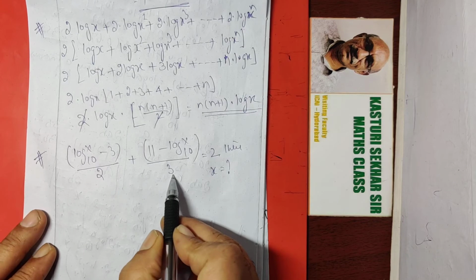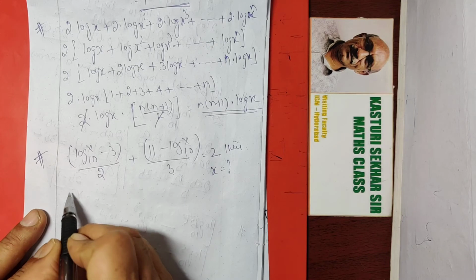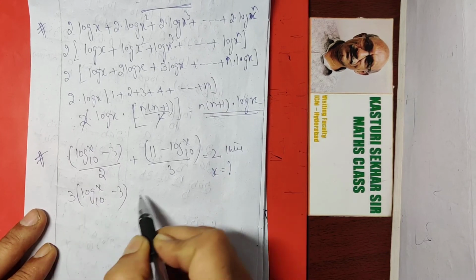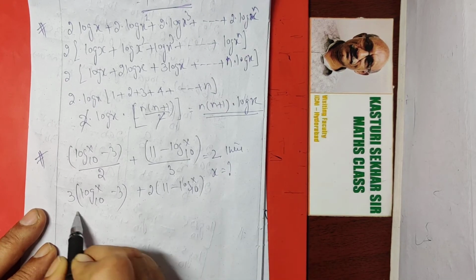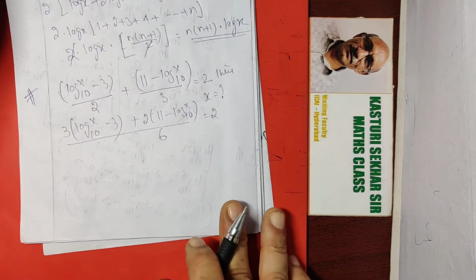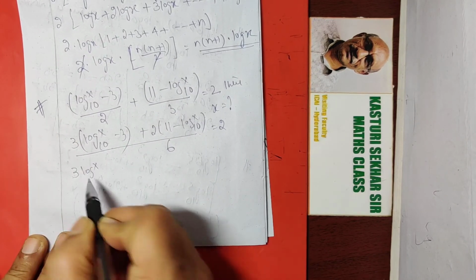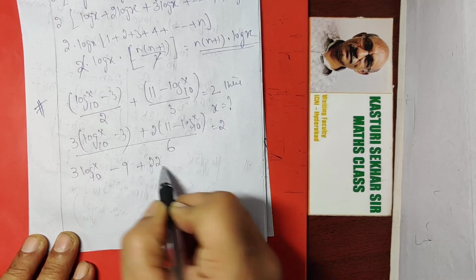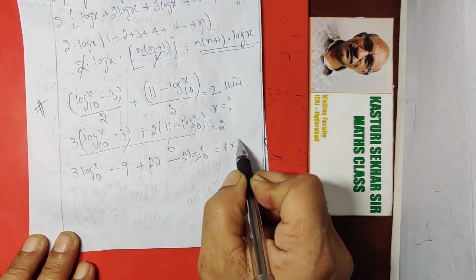Taking LCM. LCM means with 3 I have to multiply this term, and with 2 I have to multiply this term. 3 into log x to the base 10 minus 3, 2 into 11 minus log x to the base 10, whole divided by 6 is equal to 2. 3 log x to the base 10 minus 3, 3 3s are 9. 2 into 11, 22, minus 2 log x to the base 10 is equal to 6 into 2.